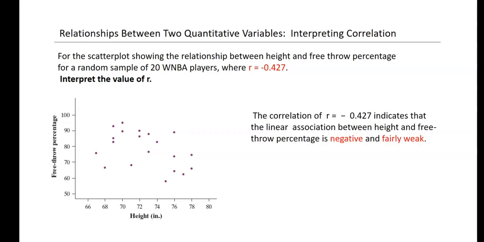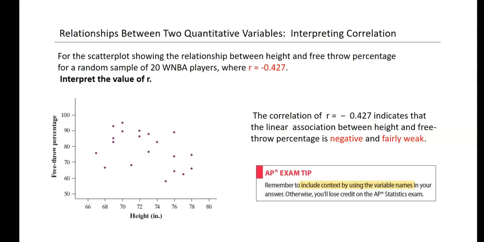Correlation of R equals negative 0.427 indicates that the linear association, make sure to use that word linear there, between height and free throw percentage is negative and fairly weak. It's pretty good. Include context by using the variable names. Height and free throw percentage need to be part of your interpretation there. It's the context.